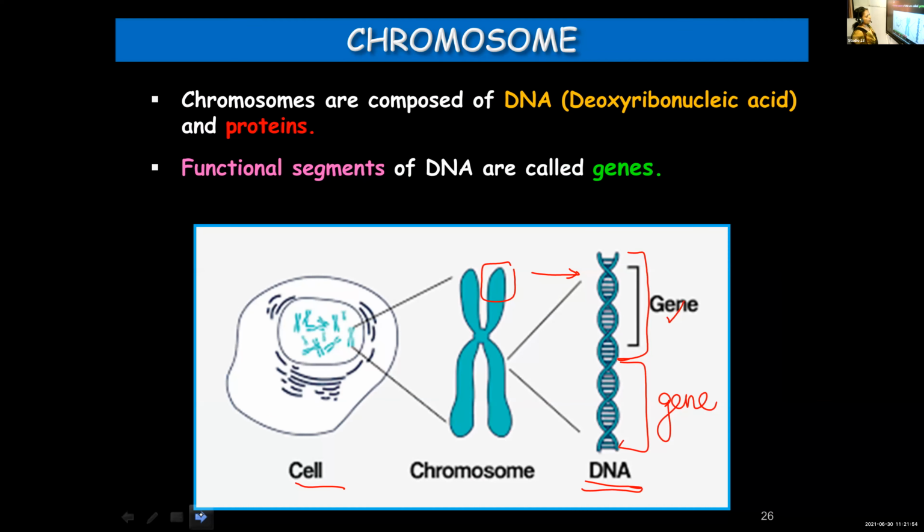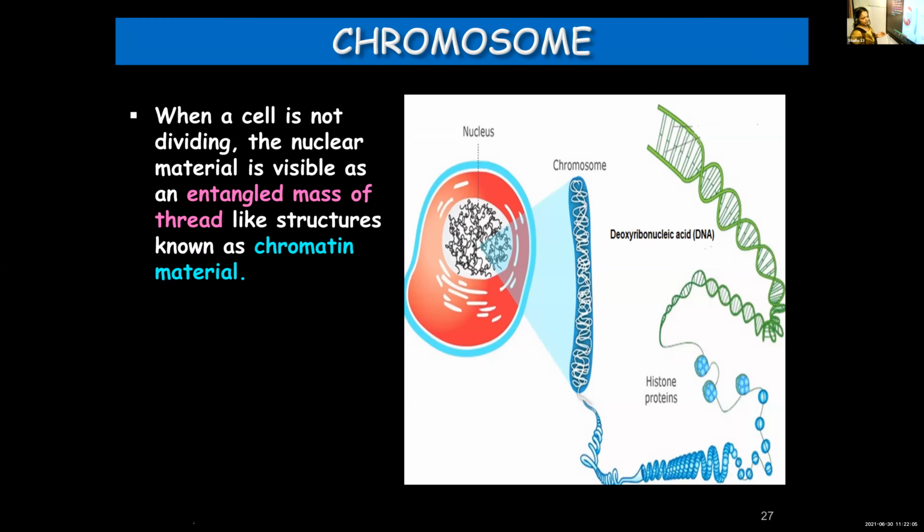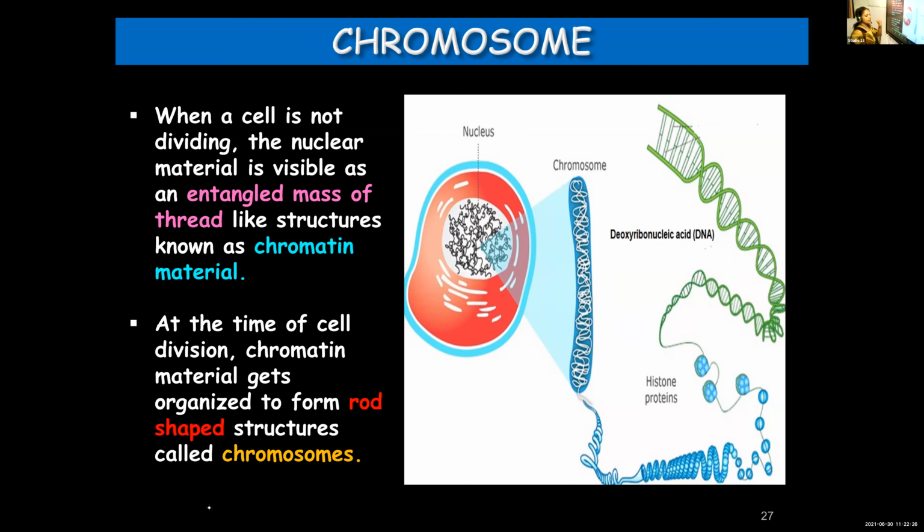DNA, deoxyribonucleic acid. Functional segments of DNA you call genes. Then we learned that when a cell is not dividing, chromosomes won't be seen. Instead, you can see the nuclear material in the form of an entangled mass of threads. You call it chromatin material or chromatin fibers. And these fibers will change into rod-shaped structures known as chromosomes when the cell is about to divide.